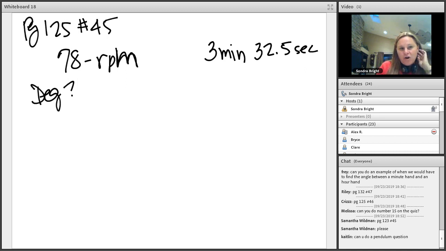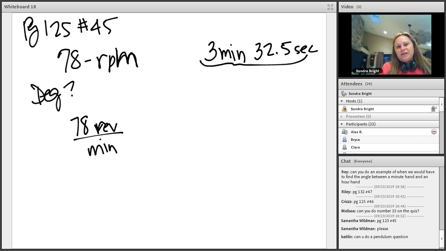So 78 RPM means 78 revolutions per minute. We want to convert that to degrees, but we also need to handle the 3 minutes and 32.5 seconds. Personally, I find it easier, unless it is super nice, the 32.5 is ugly, so I would convert it all to seconds.